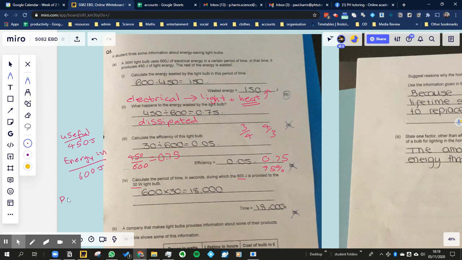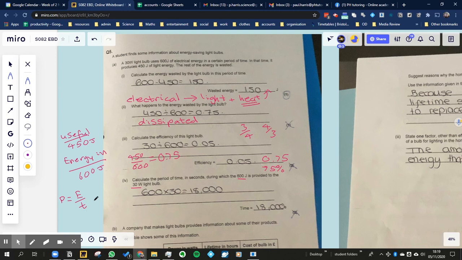Power is how much energy is used per time, how quickly something uses up energy. If you had a very powerful car and you put some petrol in it and put your foot down, you'd get through the petrol a lot more quickly than a less powerful car. So it's how quickly you use energy. So it's the energy divided by time.